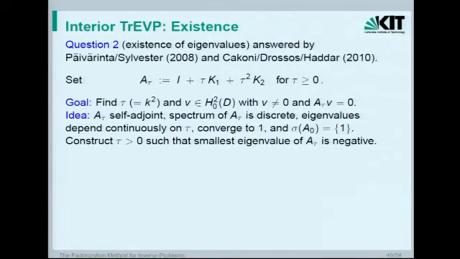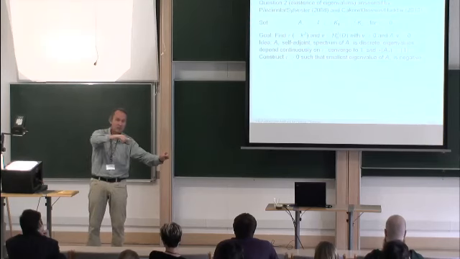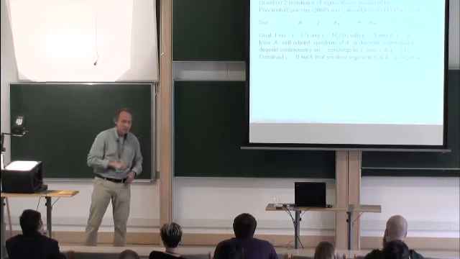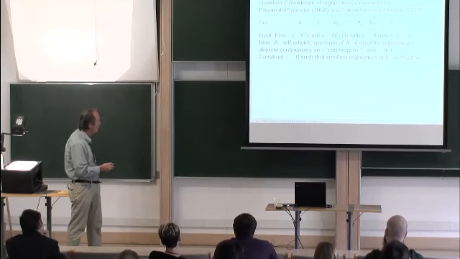The idea is now to construct some tau such that the smallest eigenvalue of A tau is negative. Then for tau equals 0 it's positive, and for some other tau it's negative. The smallest eigenvalue depends continuously on tau, so it must pass through 0. This is the idea.